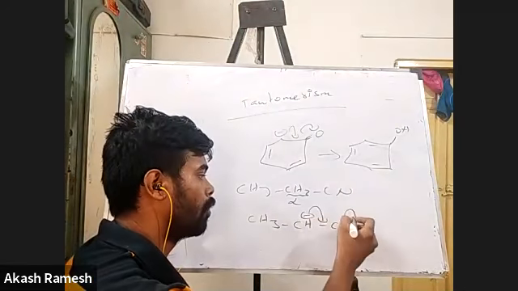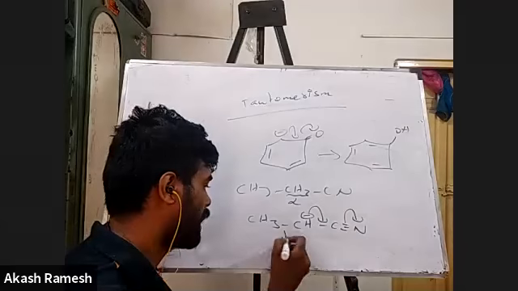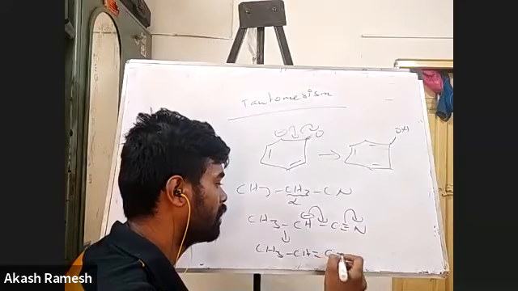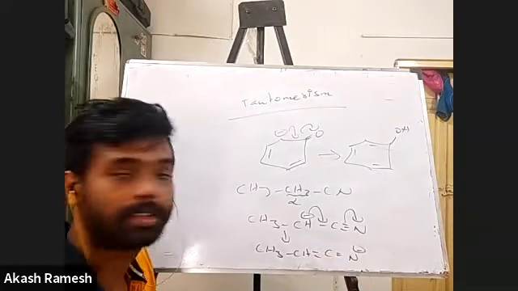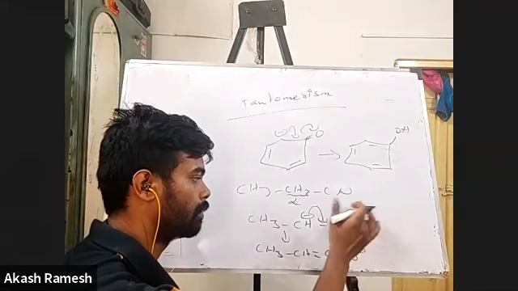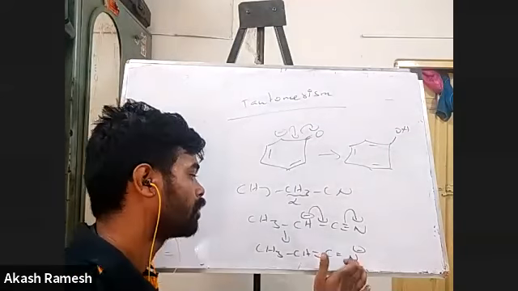This will come here, one of the triple bonds would break. So I would have CH3CH double bond C double bond N minus, isn't it? This bond came and I have broken the pi bond, so nitrogen will have a negative charge.